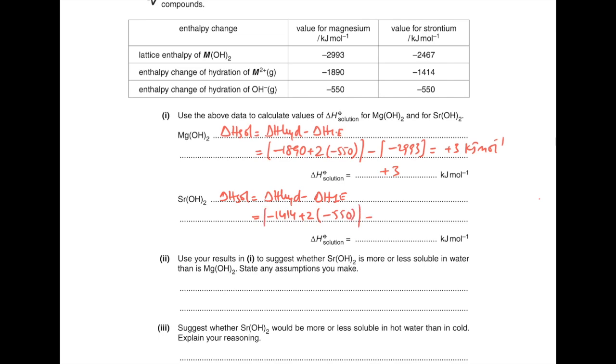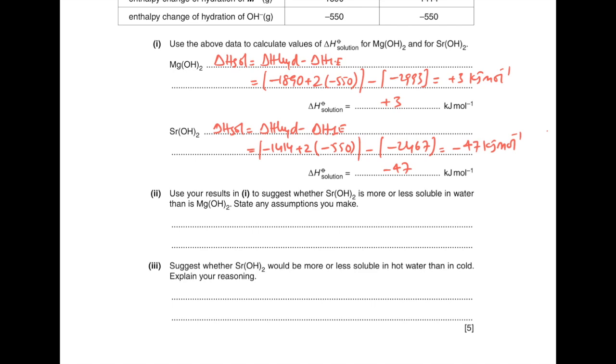The lattice energy is minus 2467. The answer is minus 47 kilojoules per mole. So can you see that enthalpy of solution of strontium hydroxide is exothermic? I think it's a more soluble compound, and Mg(OH)2 is a less soluble compound.